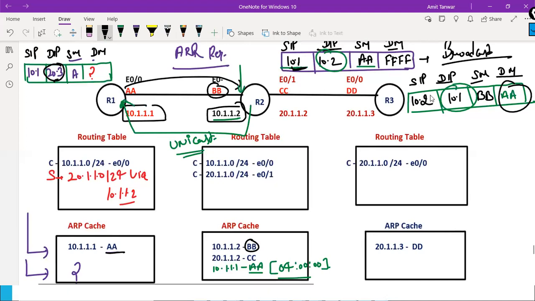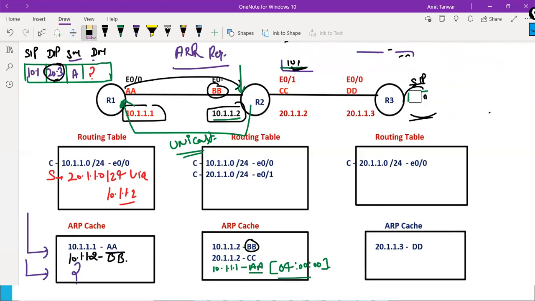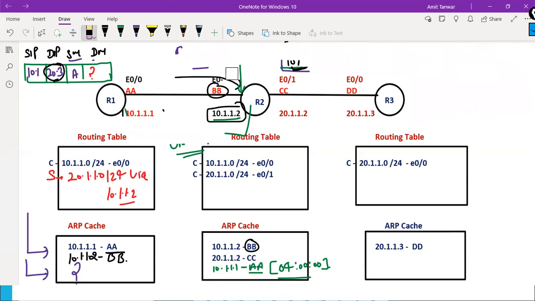Then it checks where it is coming from: source IP 10.2 and source MAC B. Then it will update 10.1.1.2 with B. So now ARP is done, and my ARP cache is updated on both ends.